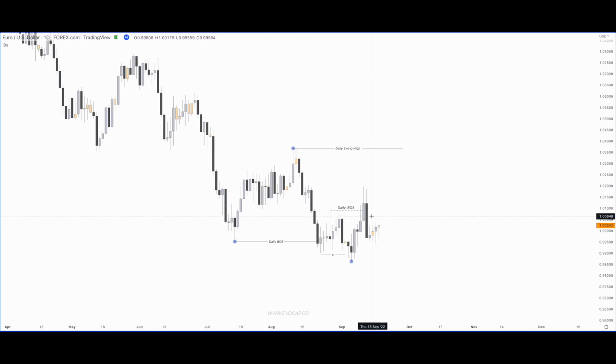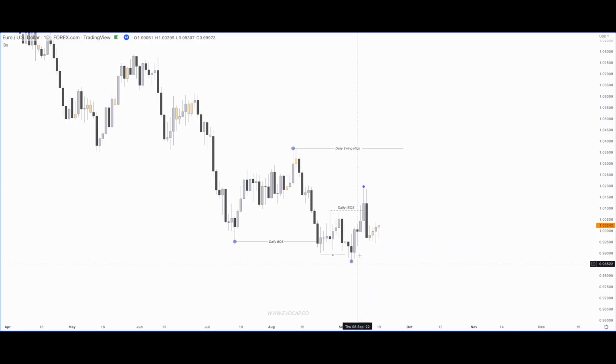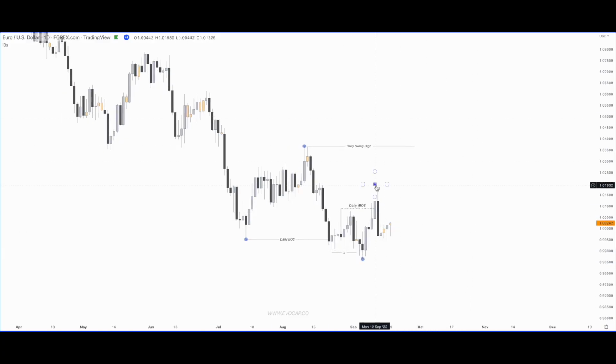But as I say, if structure is misaligned, just remind yourself that swing is king, and particularly if price has mitigated a high value area on that specific time frame, then it's very possible this internal trend will then switch bearish because price has more than likely completed its mission, okay? So this high is in fact a weak internal high, and this low here, although it's a weak swing low, it's actually a strong internal low, okay? So that's the daily chart.